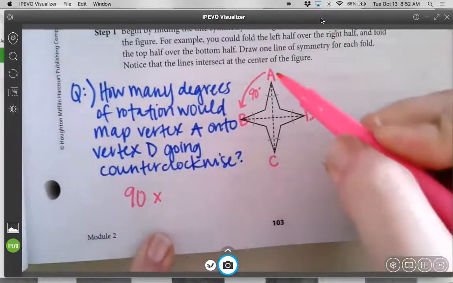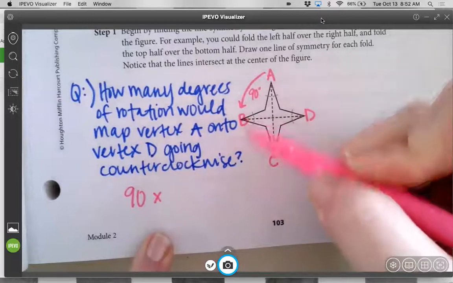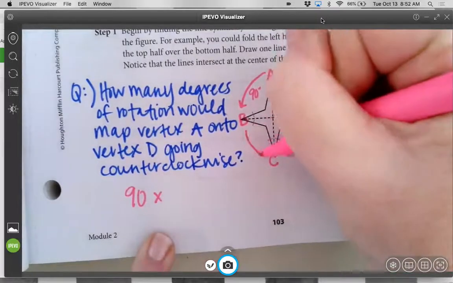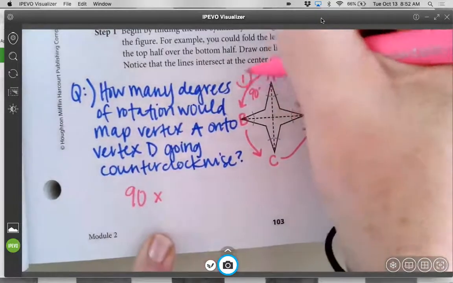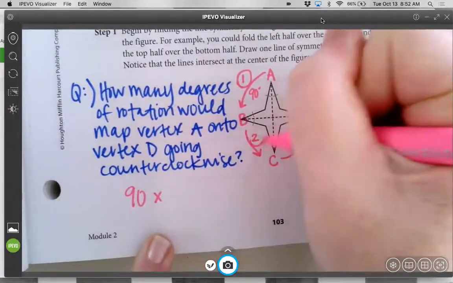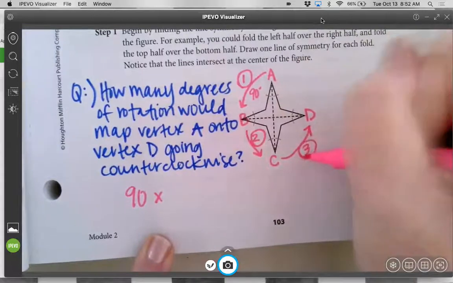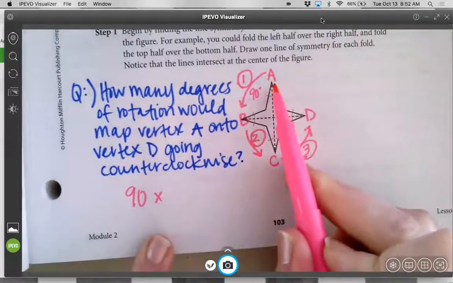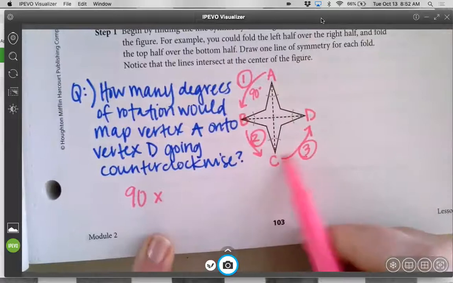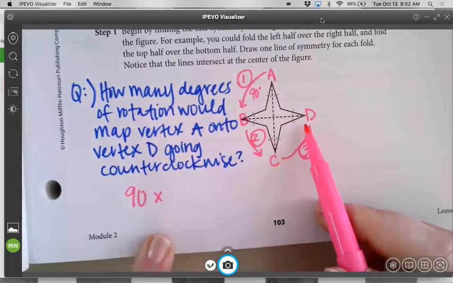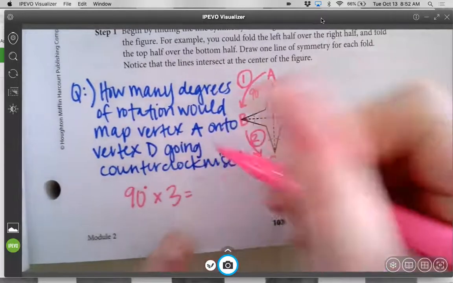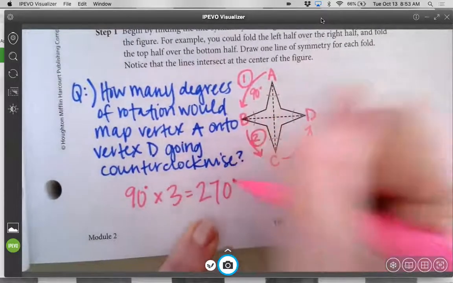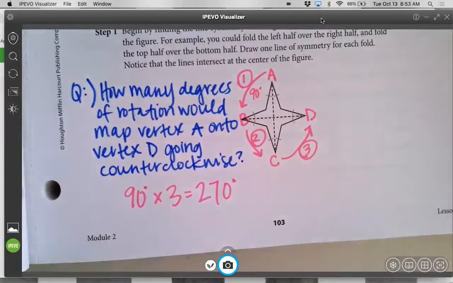How many times do I need A to jump? Total, I need 2 more times, so I need a total of 3, right? I need to make 1 jump there. I need to make 2 jumps there. I need to make 3 jumps there. So A has to travel 1, 2, 3 spaces away, and every space is 90 degrees. So 90 degrees times 3 needs to travel 270 degrees.